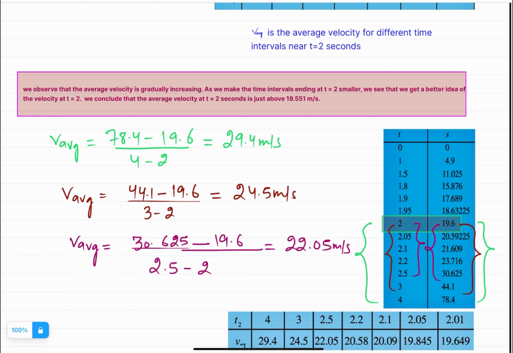For example, for the last part, if we take the interval 2 and 2.05, the distance or displacement along with it is 19.6 and 20.5925.